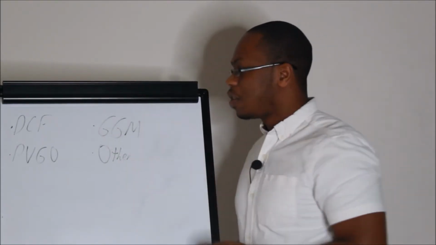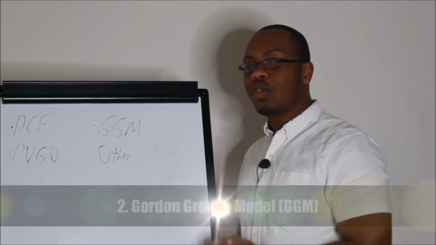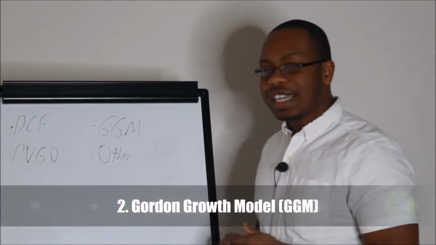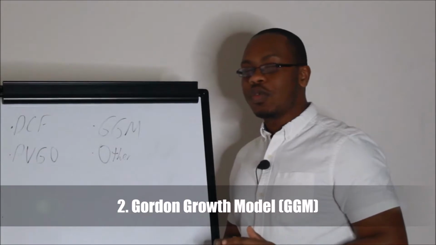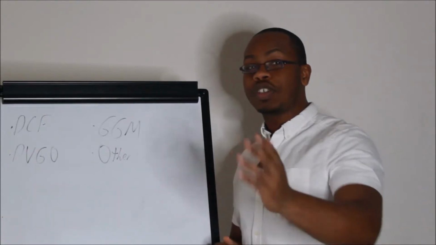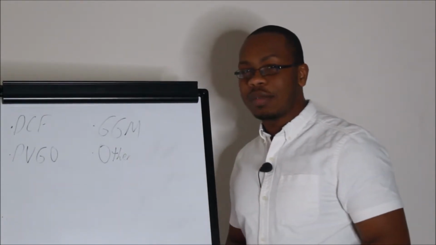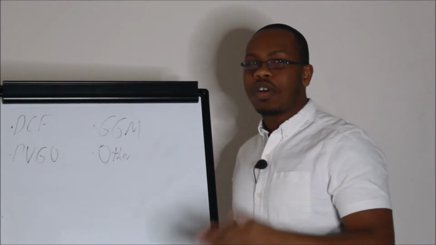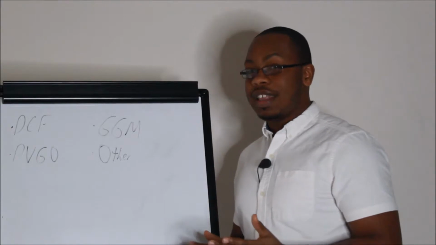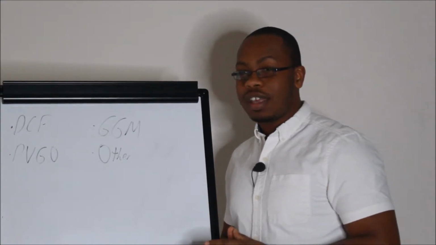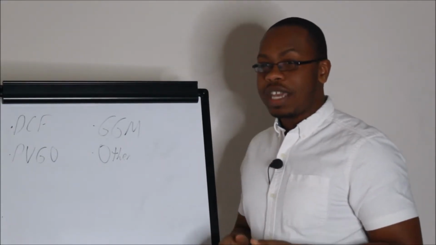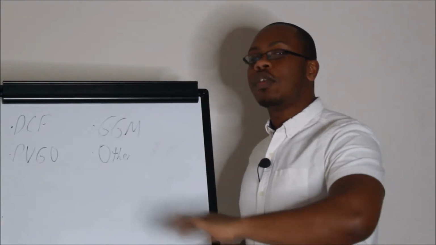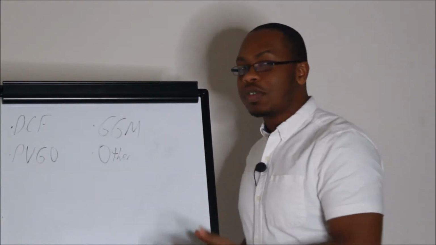You also have something called the GGM, the Gordon Growth Model. It's not talked about a lot. It's very useful if you want to do a quick valuation on more mature companies, companies that are well established, where all the assets are mainly in place, like your Coca-Cola and Walmart types. The value of the company is what cash flow will be next year, adjusted for long-term growth prospects and opportunity costs.